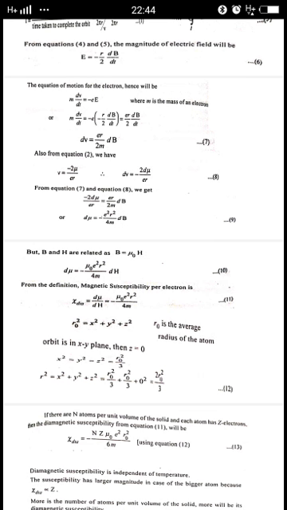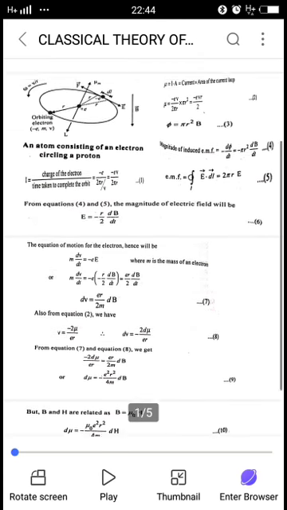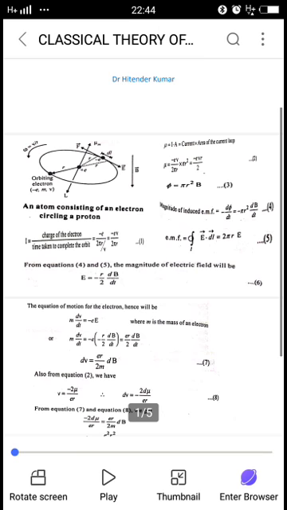After substituting the value of E from equation 6 on the right hand side and simplifying, we can find the change in velocity, dV equal to er upon 2m dB. We can also write from equation 2, where we calculated the magnetic dipole moment mu, which is equal to minus evr upon 2.